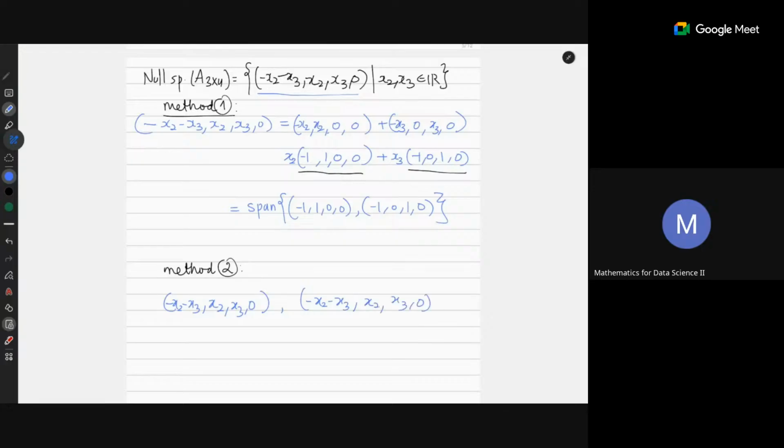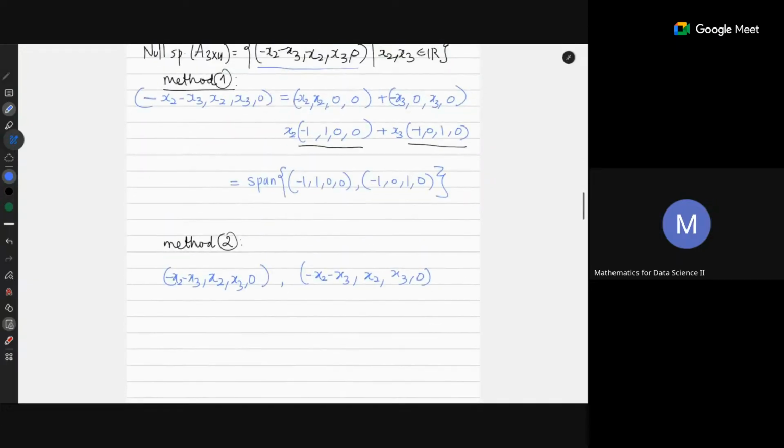Okay, I have written down the general vector 2 times. Now, the first time, I will put x2 equal to 1 and x3 equal to 0. So I will get minus 1, 1, 0, 0. The second time, I will put x2 equal to 0 and x3 equal to 1.